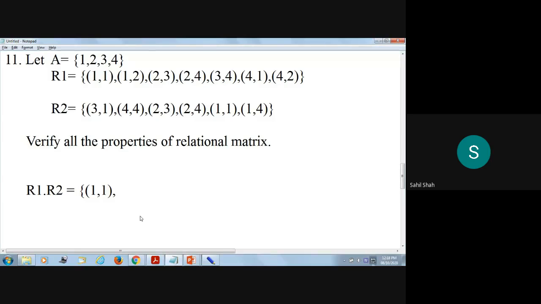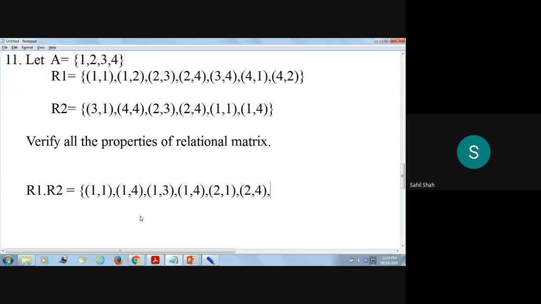(1,1),(1,4) gives (1,4). Then (1,2),(2,3) gives (1,3). (1,2),(2,4) gives (1,4). Then (2,3),(3,1) gives (2,1). (2,3) with (3,4)... and (2,4),(4,4) gives (2,4).